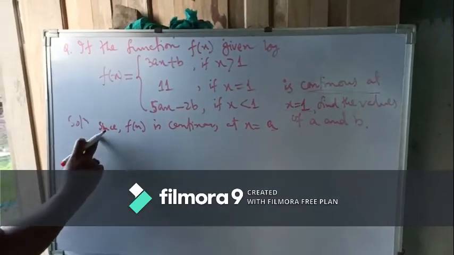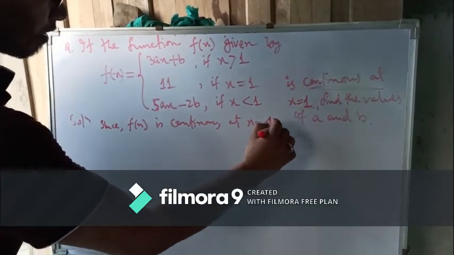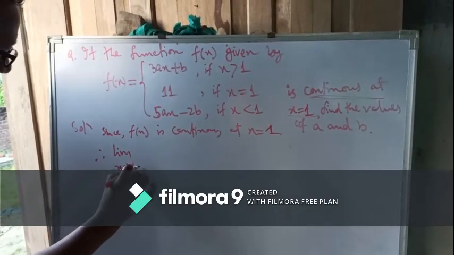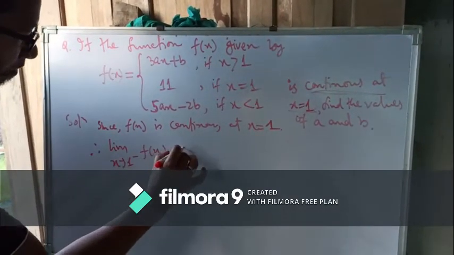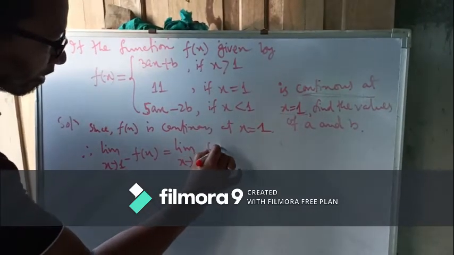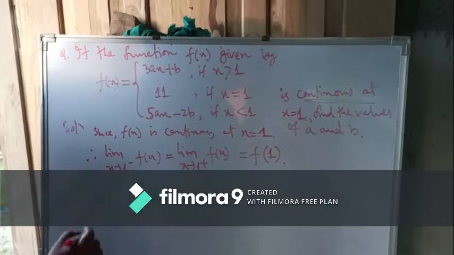Since f(x) is continuous at x equal to 1, therefore limit x tends to 1 minus f(x), that means left hand limit, equals limit x tends to 1 plus f(x), that means right hand limit, equal to the value of the function at 1, f(1).